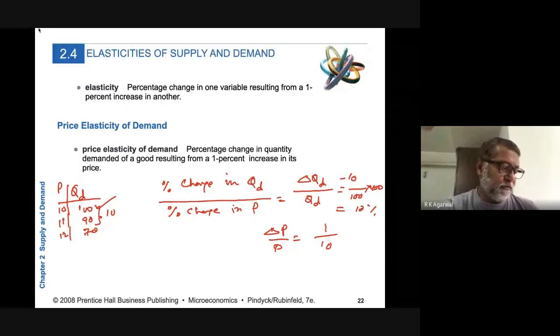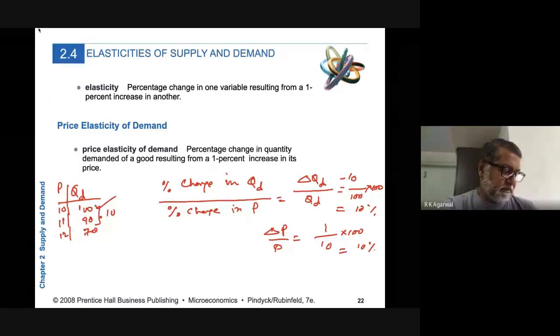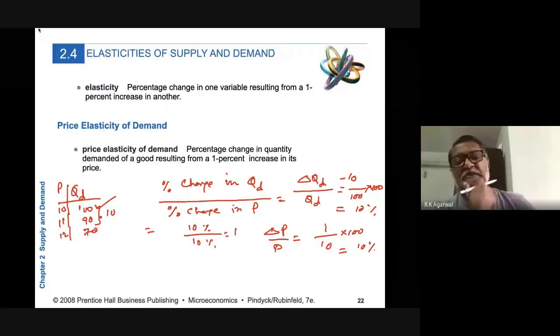And again we multiply it with 100. So how much is it? This is also 10%. So how much is elasticity? 10% is the change in quantity demanded divided by 10% is the change in the price. Therefore, elasticity of demand is equal to 1, or price elasticity of demand is equal to 1.